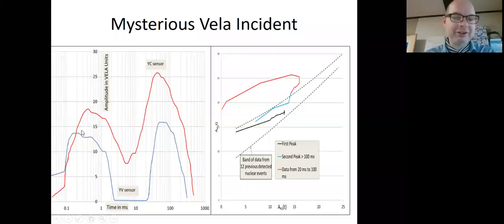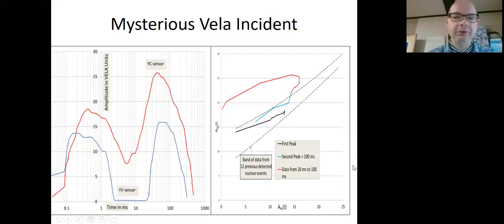That's why I'm showing you this. You get these two peaks, which look very much like a nuclear explosion. But then again, if you look at other nuclear tests, where they should be in this band here, the first peak is exactly where you expect it to be, but then the second peak sort of does something funny like this, which we don't really understand. So we don't know whether this event was really a nuclear explosion or whether it was something else.